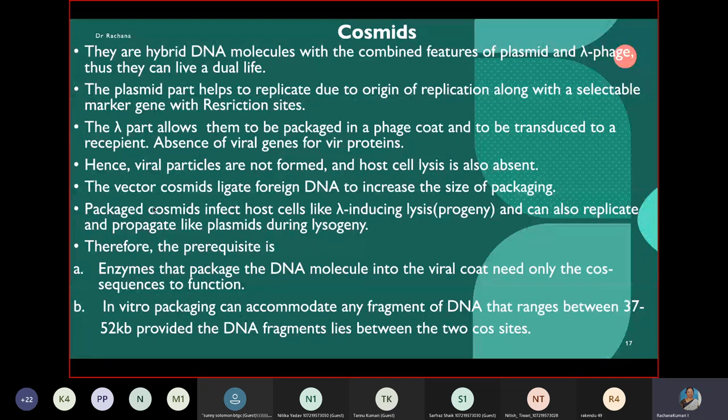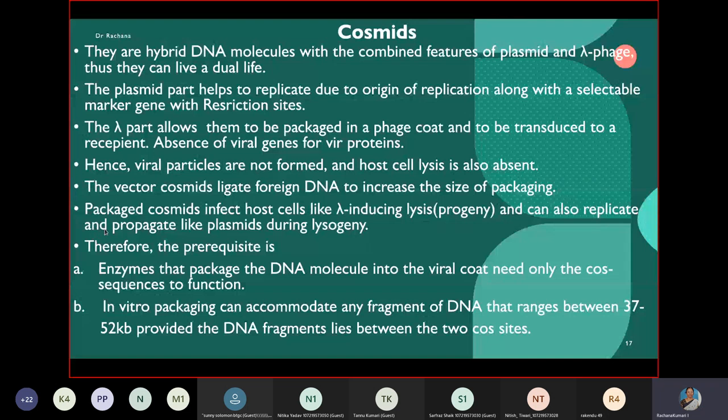Now this plasmid, or this designed vector, is packaged to infect host cells like the lambda inducing lysis. That means these phage particles are supposed to infect the bacterial cells. And once they infect the bacterial cells, what happens?